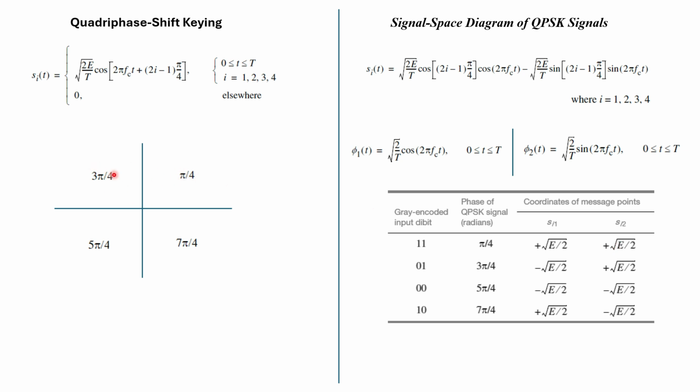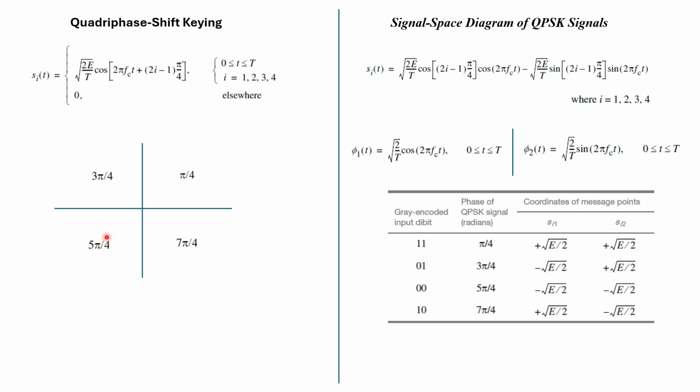So 3 pi by 4 means here we are going to consider the trigonometric relation ASTC: all are positive, sine is positive, tan is positive and cosine is positive. So here we have the cos term for 135 which is negative and the sine term which is positive.